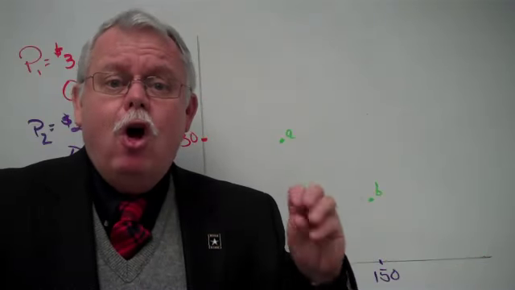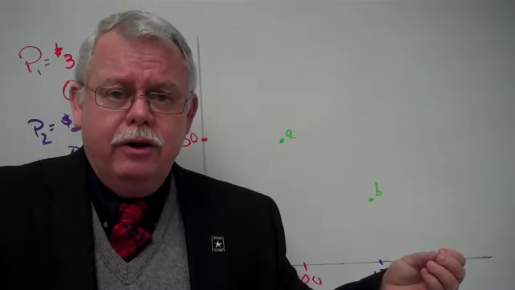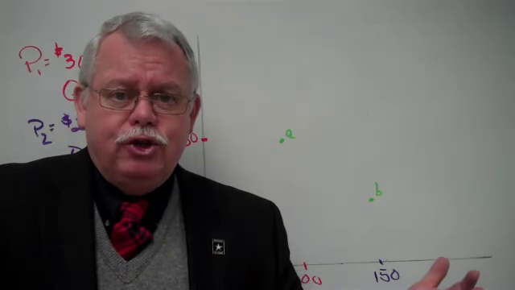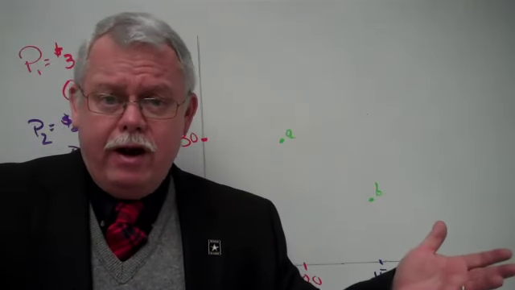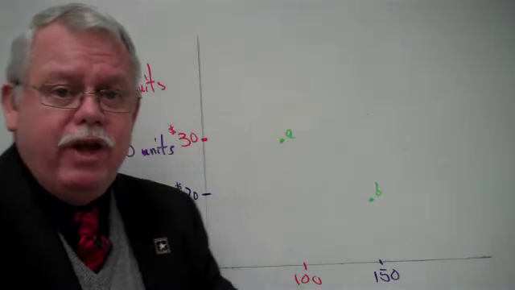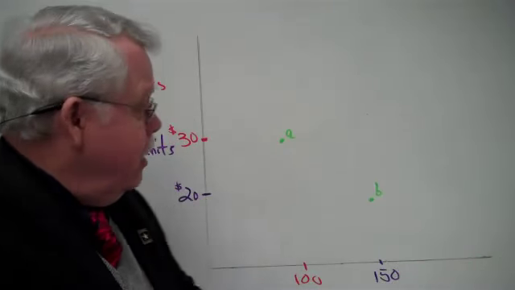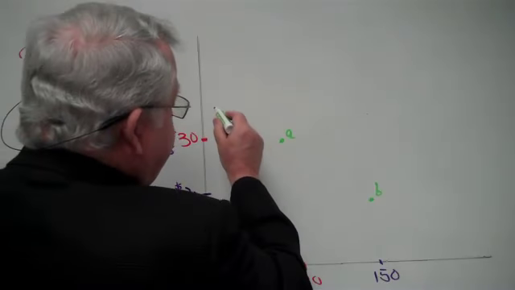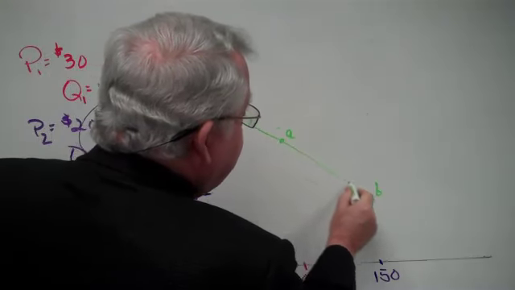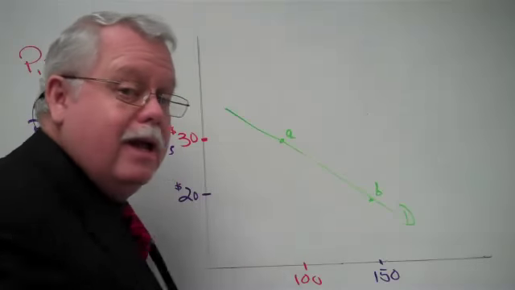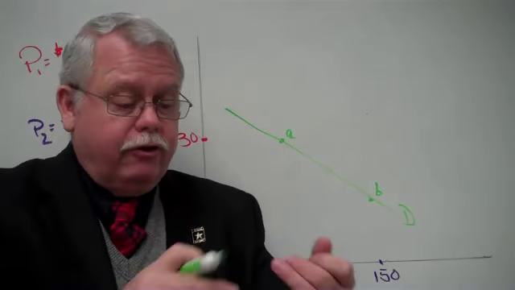Nothing else changes. All else remains constant. We called it ceteris paribus, but we abbreviated it C period, P period. And we say, this appears to be the demand curve for the company, ceteris paribus, if everything else is constant.